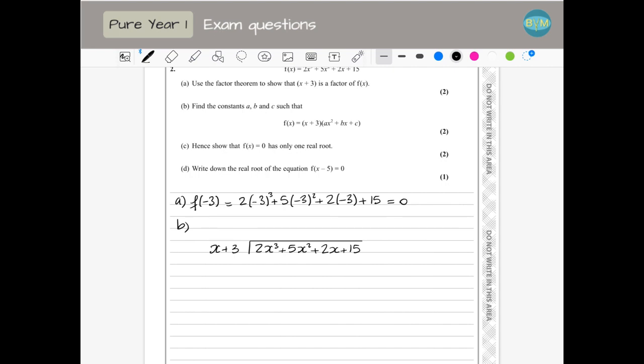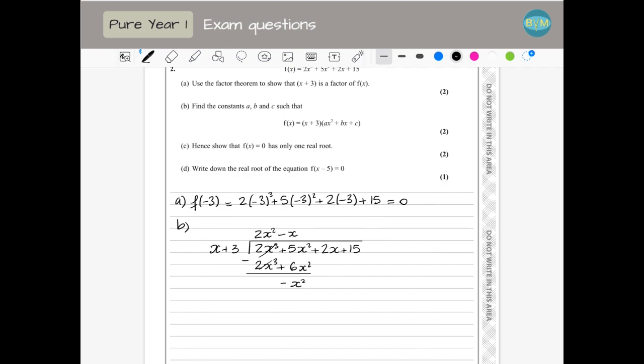So 2x cubed divided by x is 2x squared. I multiply and I have 2x cubed plus 6x squared. I subtract, and these two cancel, and then I have minus 1x squared. Minus 1x squared divided by x is minus x.